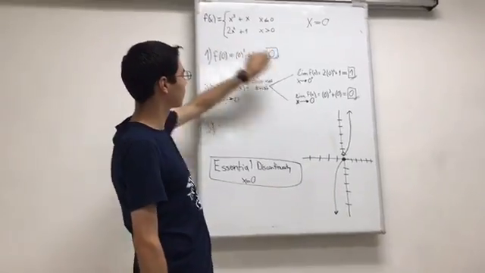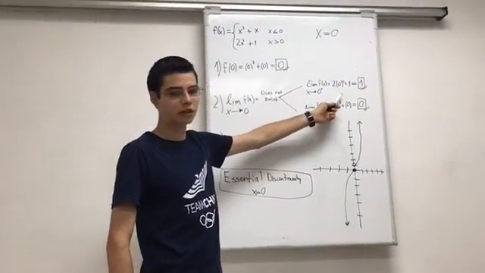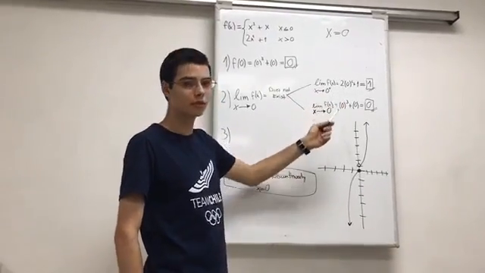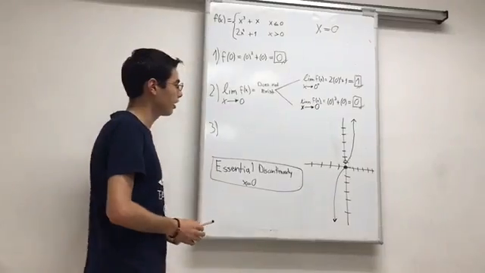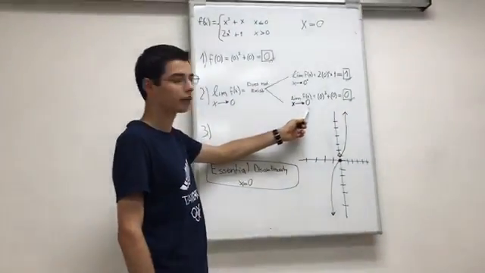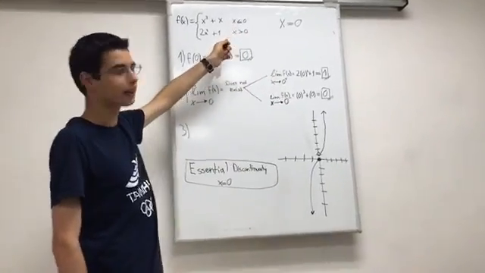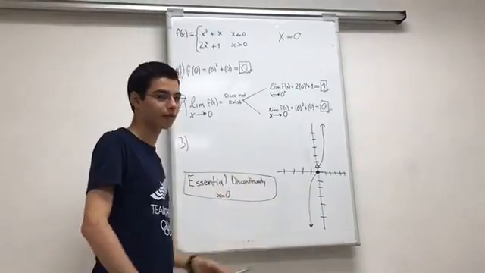We replace x with 0, and 0 to the second power is 0, times 2 is 0, plus 1 is 1. And for the negative side of the limit, we check the condition x is less than or equal to 0, so we replace x with 0 in this function and we get 0.